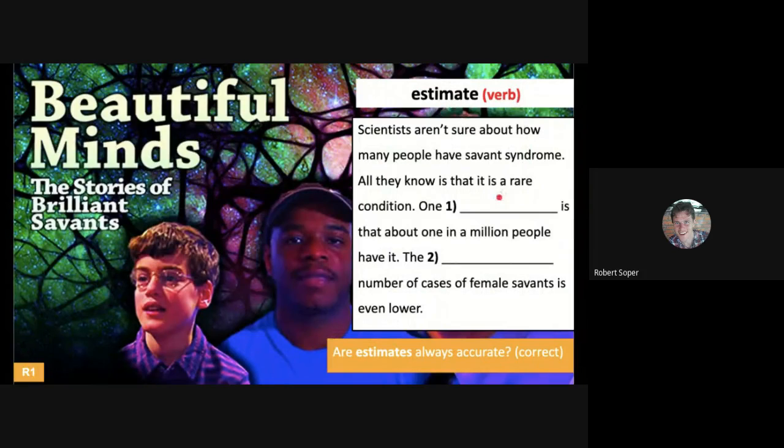Then you're going to be deciding, once you read this, what type of word goes in the gap fill, whether it will be the adjective, verb, or noun. And then you are going to put in the correct form of that word. So pause the video and see if you can do that.